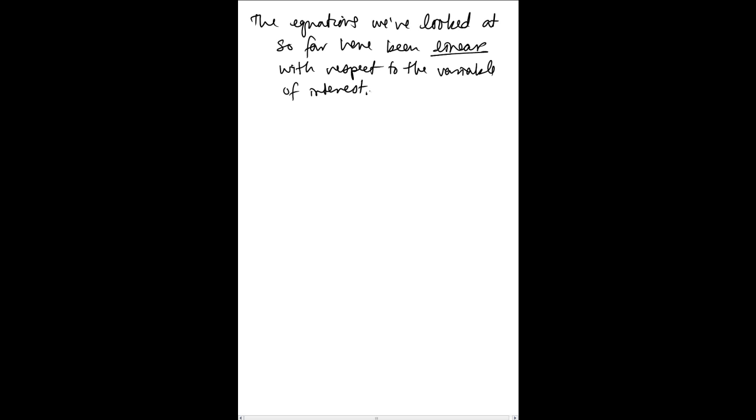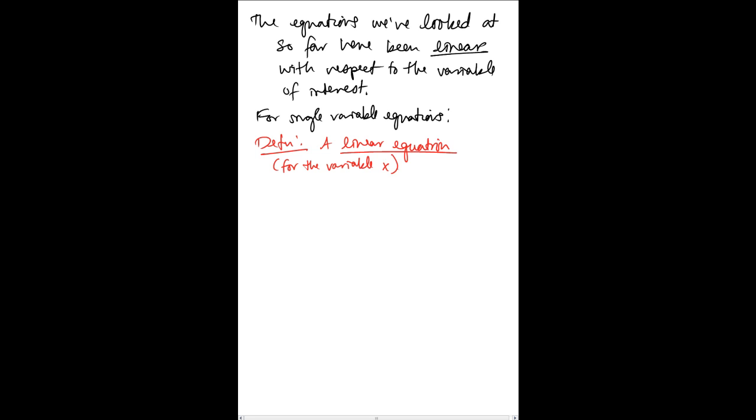So more formally, how do we define a linear equation? Well, in this case, in particular, let's just define it for single variable equations. A linear equation for the variable x. You could, of course, have any other variable, but we're going to write out this one in terms of x.